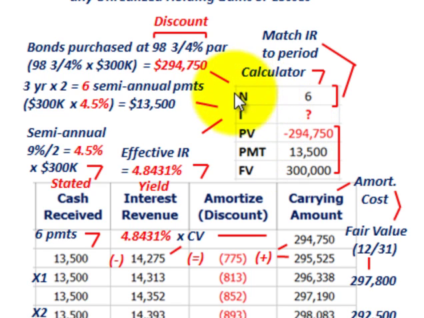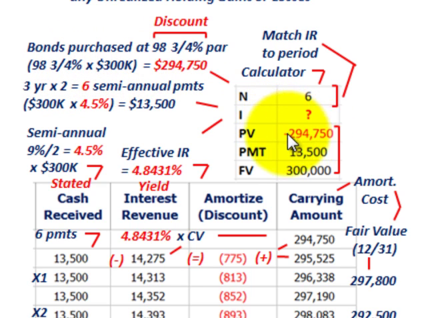So first off, for the number of periods here, your N button, well, you had a 3-year bond, 2 semi-annual payments, so you got a total of 6 payments. Enter that as 6 here. Now, interest, well, that we're going to calculate here, but next we deal with the present value of the bond, and you enter that as a negative amount here, $294,750, and that's what we calculated up here, 98 3/4% of the 300,000 here.